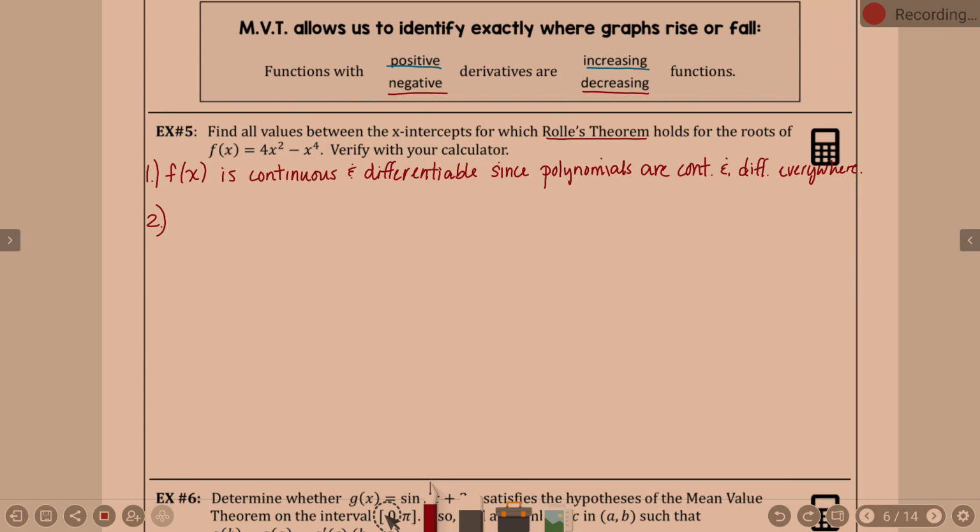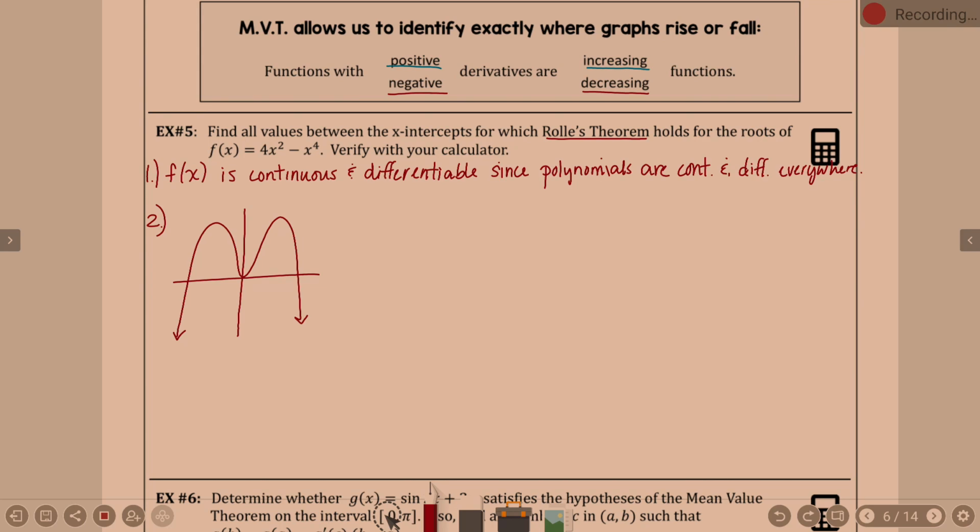Because right now, I don't have an interval that I'm working on. Negative 2, 2. Have we graphed it? Negative 2 to 2. You have a symmetric looking M. I haven't graphed it on my own today. I'm going based off of what's here, but it's a symmetric looking M, yes?